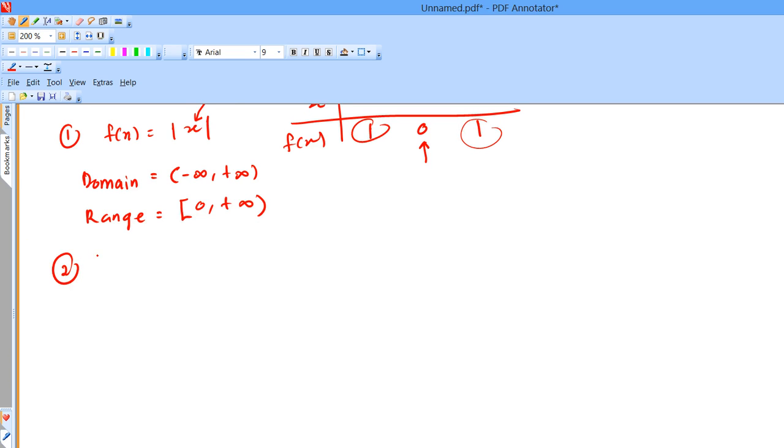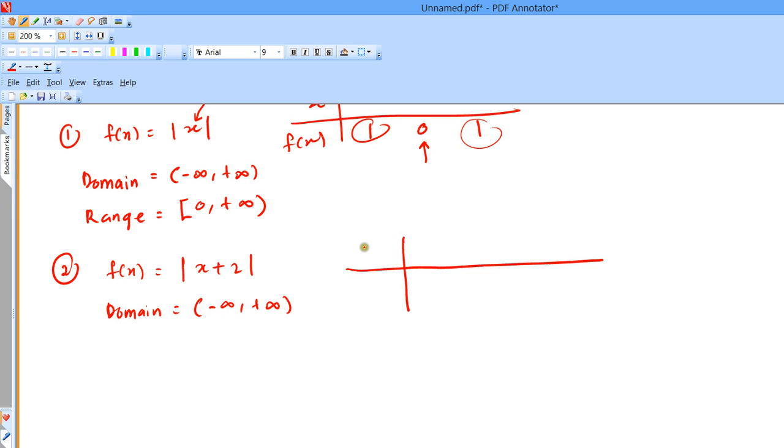Okay, number 2, f(x) equal to modulus of x plus 2. From this we know that the domain can be any value from negative infinity to positive infinity. But how about the range? If we substitute values of x and f(x): negative 3, negative 2, negative 1, 0, 1.